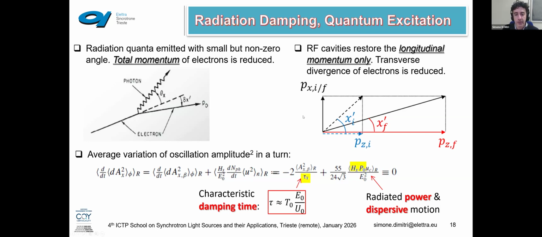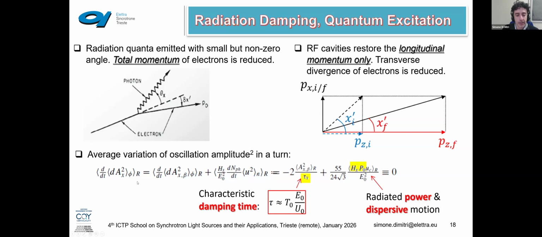So the two processes, the quantum excitation and the radiation damping process, happen simultaneously, and their interaction can be described mathematically by investigating the average variation in a bunch of the amplitude of oscillation over a time interval, which is basically one turn.